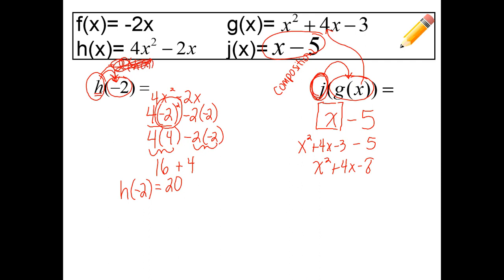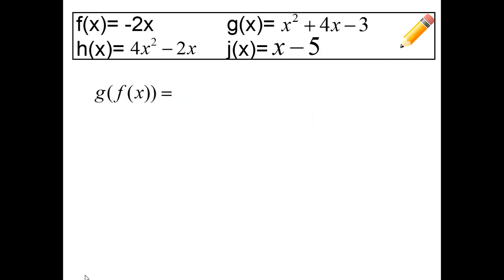Okay, let's do one more example like that because compositions can be rather tricky. Let's start with the g function and plug the f function into it. This one's going to be a little complicated, I'll forewarn you, but we can do this. So first, the g function, we write that first: x squared plus 4x minus 3. Now everywhere there's an x, I'm going to replace it with the entire f function.